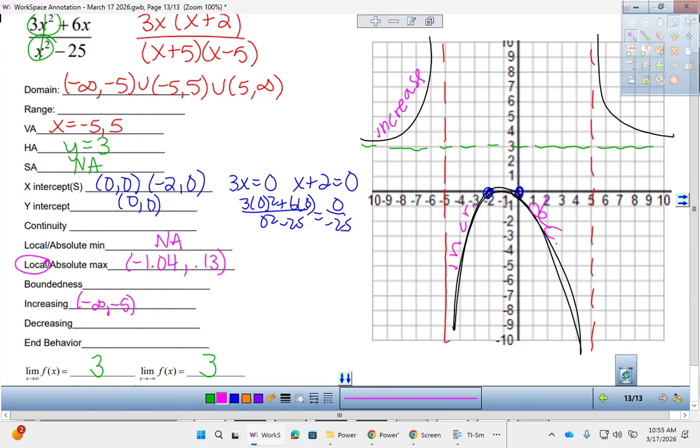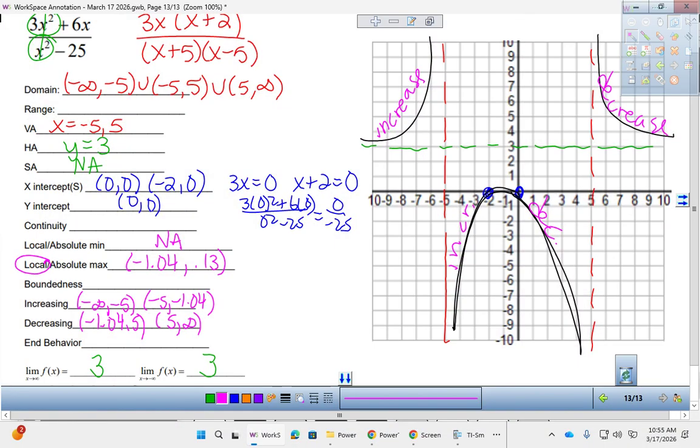And we've got to break that up at that x value, which is -1.04. So I've got -5 to -1.04 and -1.04 to +5. I'm splitting up that -5, +5 interval. This is a decrease as well, which is that last interval of my domain, 5 to infinity.